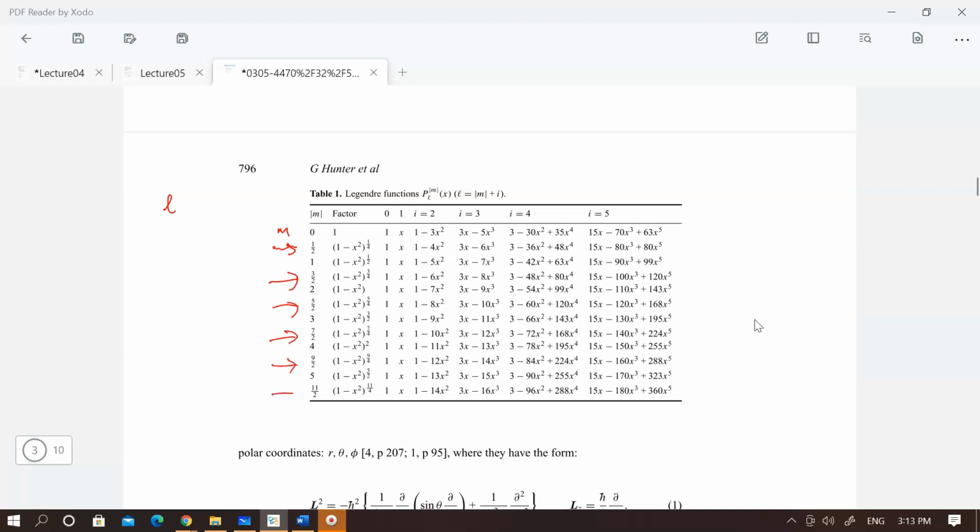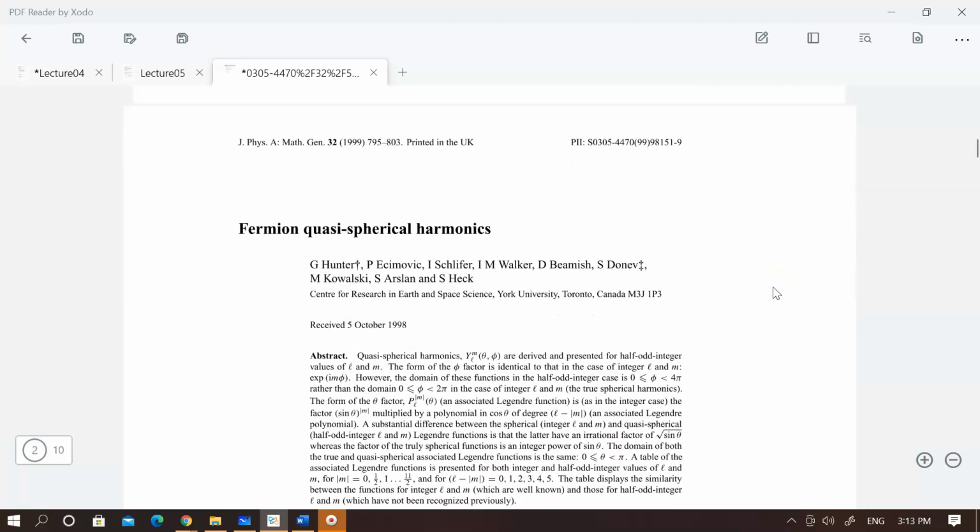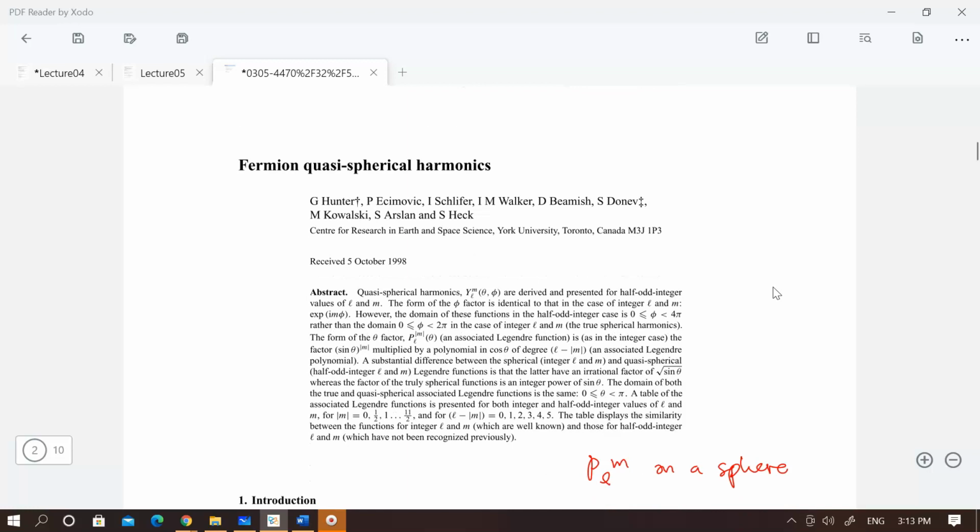Okay, so in other words, it can be defined, but it needs resolving the eigenequation, and then in that particular case you'll get some extra things. Okay, so this is actually in this paper which is written by Hunter et al. Okay, and I will try to upload this paper onto the Twitter blast for you to have a look at.